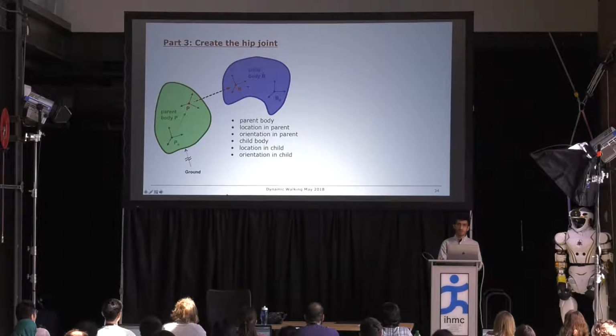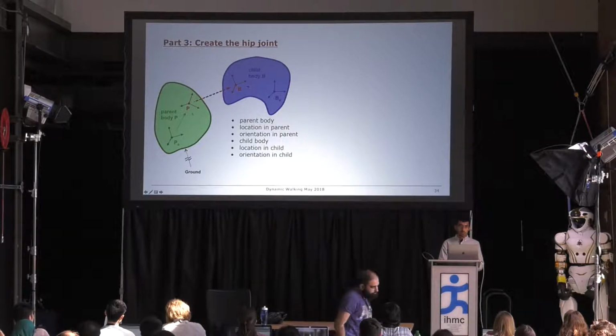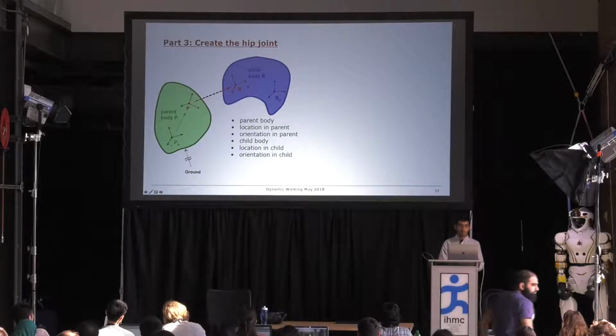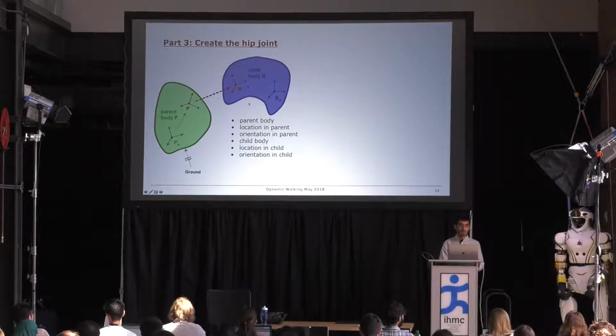So to specify a joint, we have to give a parent body for the joint, the location of the joint frame expressed in the parent body frame, and also a child body and the location and orientation of the child body joint frame expressed in the child body frame.